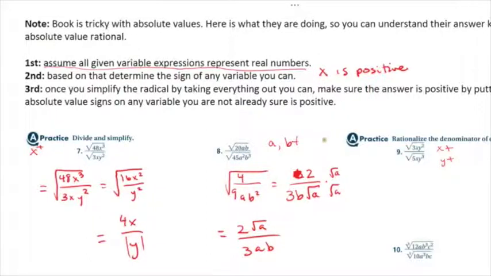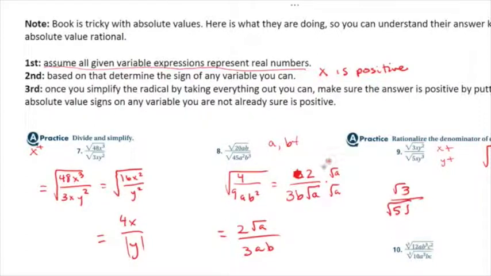And what I did first was thought of them all under one root, so I could do a little reducing. And so that got me square root of 3 over 5y. And then I just wanted to rationalize that.